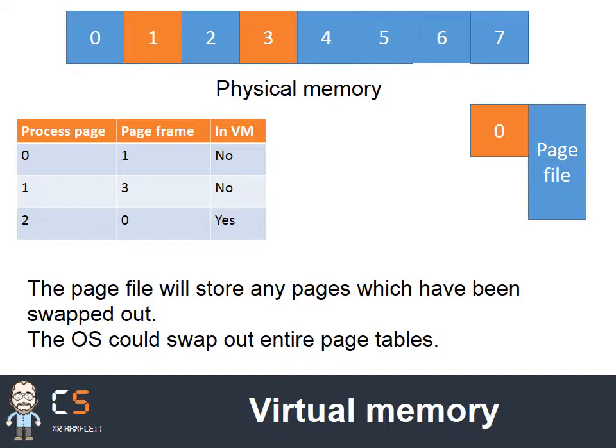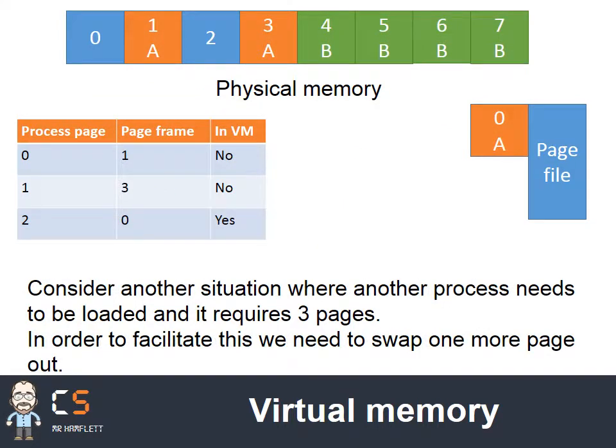In this scenario, I've taken one page and placed it into virtual memory. So the page table is recording that process page 0 is there, page 1 is there, but page 2 is actually in virtual memory. The page table is responsible for keeping track of where things are, and the memory manager will maintain that.